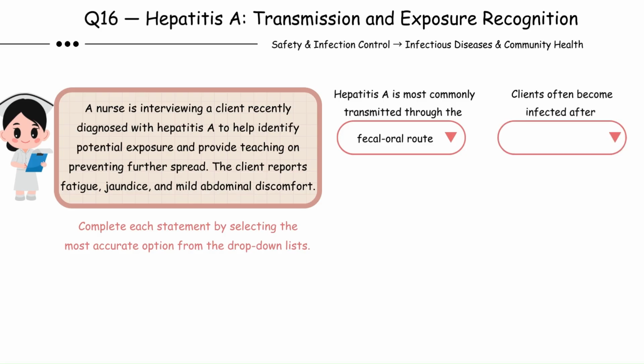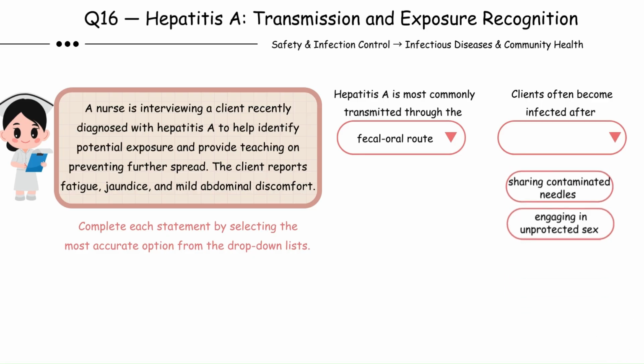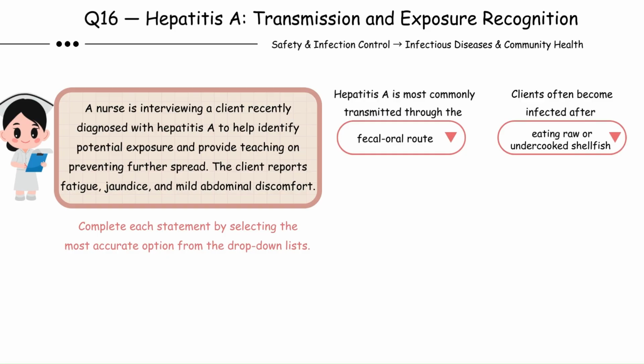Second statement. Clients often become infected after drop-down choices are eating raw or undercooked shellfish, receiving a blood transfusion, sharing contaminated needles, engaging in unprotected sex. The correct choice is eating raw or undercooked shellfish.